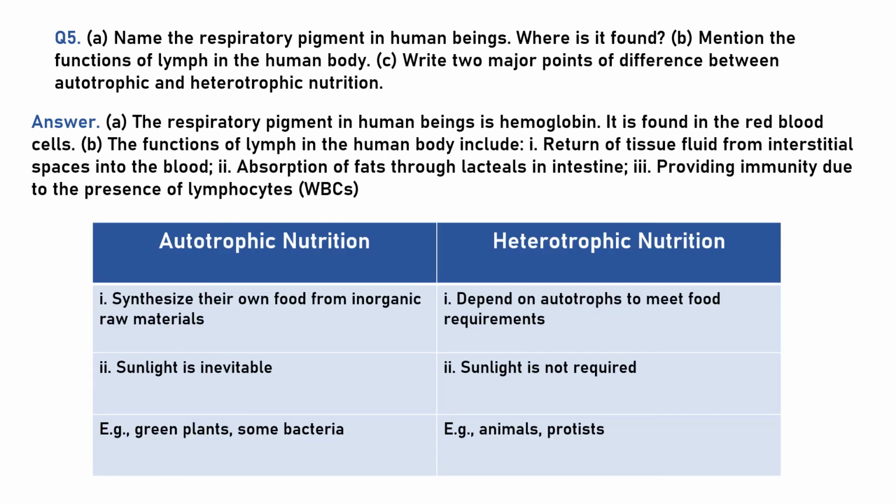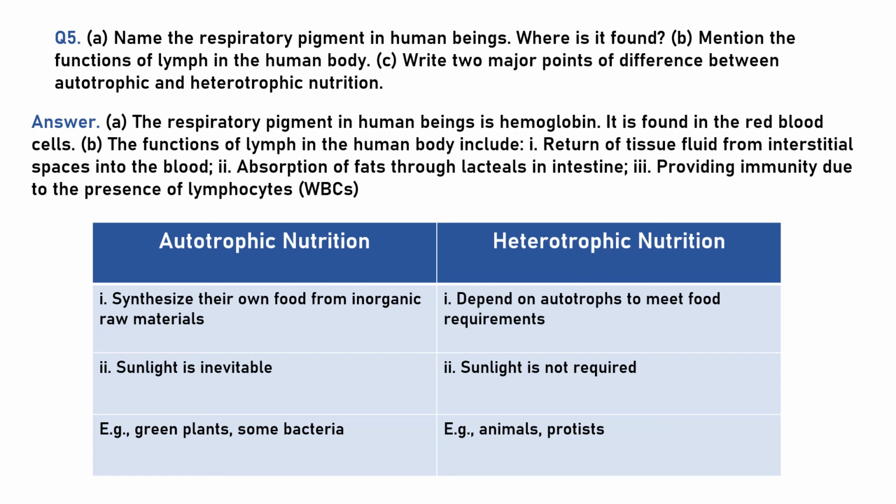Now the difference between autotrophic nutrition and heterotrophic nutrition. Here we can see autotrophic nutrition: these organisms synthesize their own food from inorganic raw material. Inorganic raw material is carbon dioxide and water here. Heterotrophic nutrition depends on autotrophs to meet food requirements. Then sunlight is inevitable, that means very important.